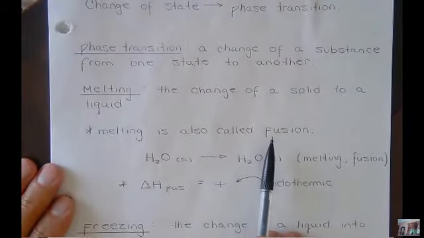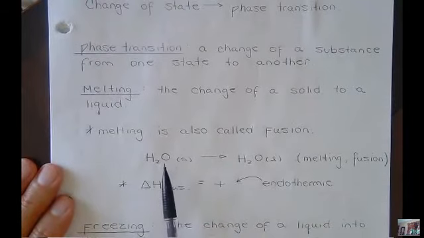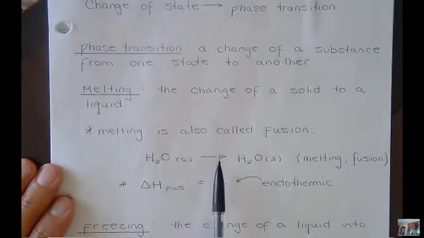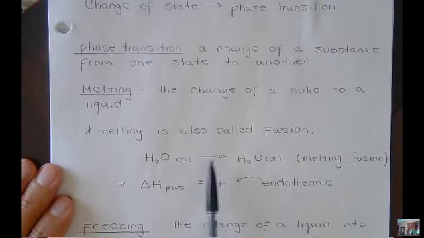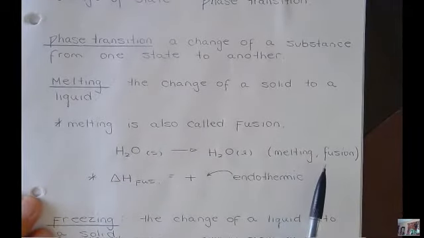Okay, so the heat of fusion means the amount of energy it takes to melt something. So if we write it out as a chemical reaction, we write H2O solid undergoes a chemical reaction, so we draw an arrow to make H2O liquid, and we can call that process either melting or fusion.